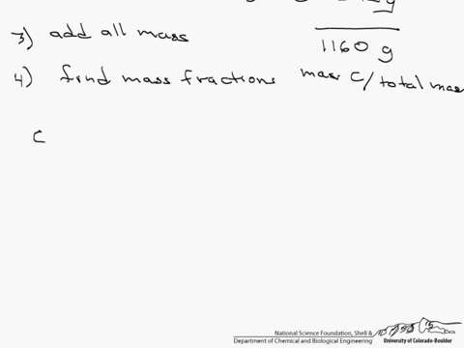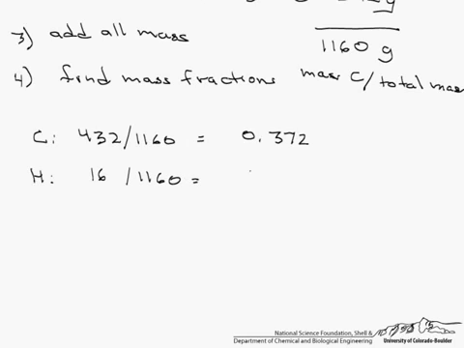We'll start with carbon. There are 432 grams of carbon, and we divide that by 1160 grams, and our mass fraction is 0.372. Hydrogen, we have 16 grams. We divide it by 1160, and our mass fraction is 0.014. Oxygen, 320 grams divided by 1160 is 0.276.